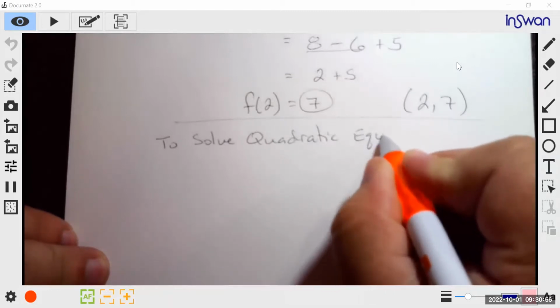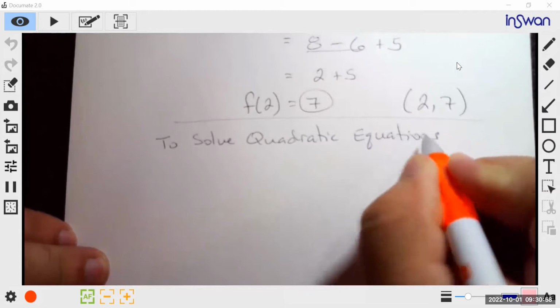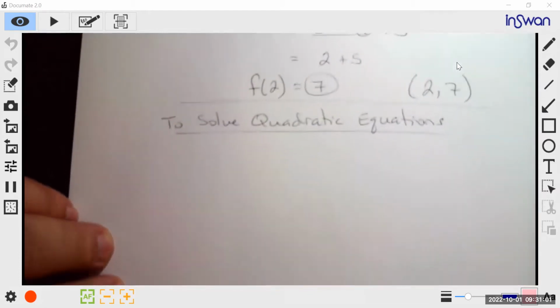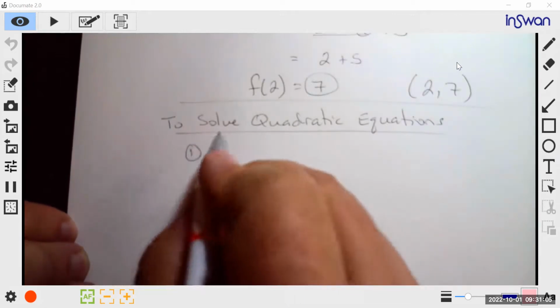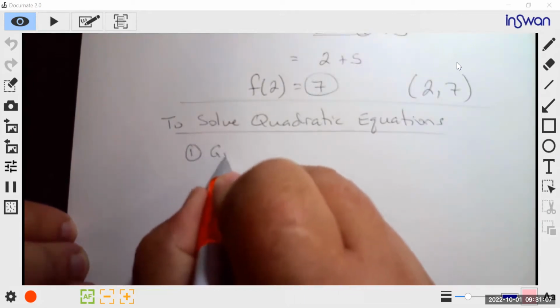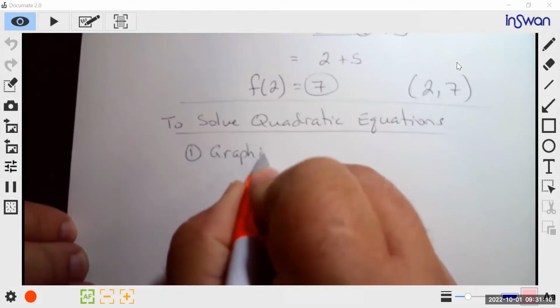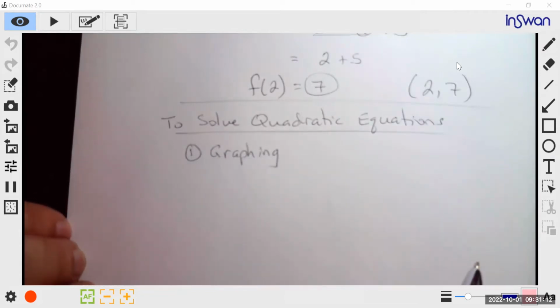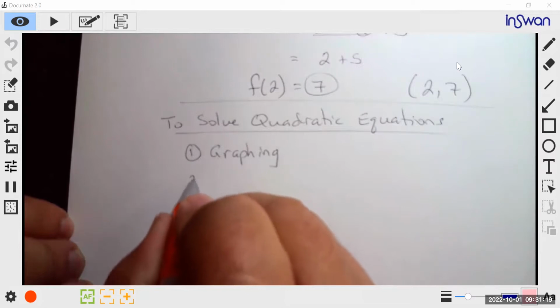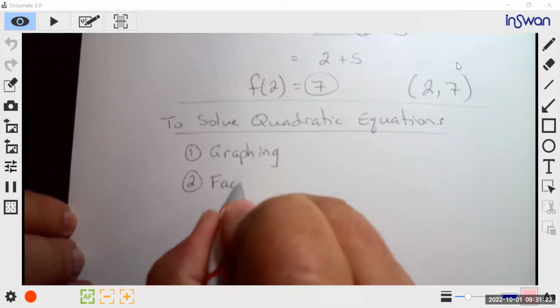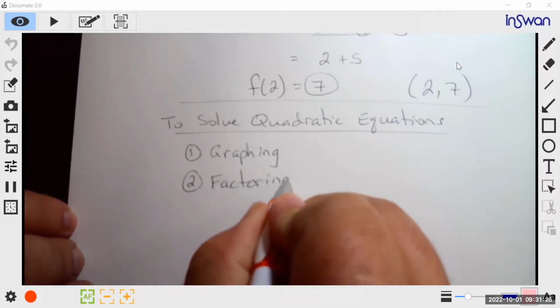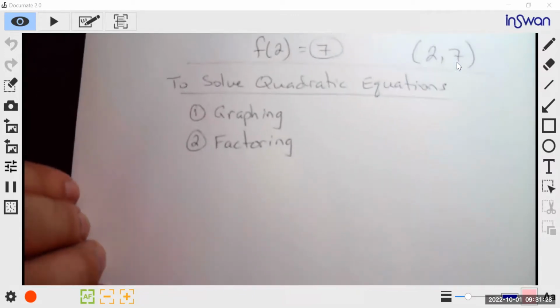To solve quadratic equations, we have numerous methods. The first one is by graphing. The second is by a process called factoring.